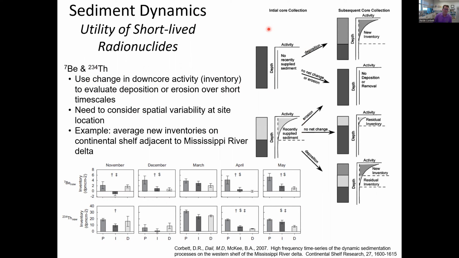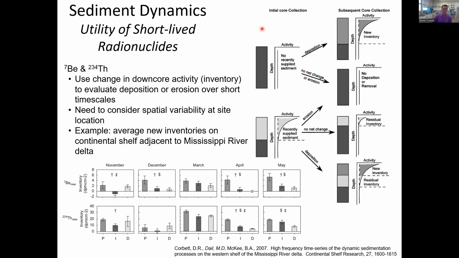Maybe you have no activity at all, or maybe you have some activity of that beryllium or thorium. Going out a couple weeks, a month later, collecting a core in the same location, and then seeing how that core has changed, seeing how that down core beryllium-7, thorium-234 has changed. If you integrate that, right, you get the inventory of beryllium-7 and thorium for that location, you can then start seeing how it changes through time.